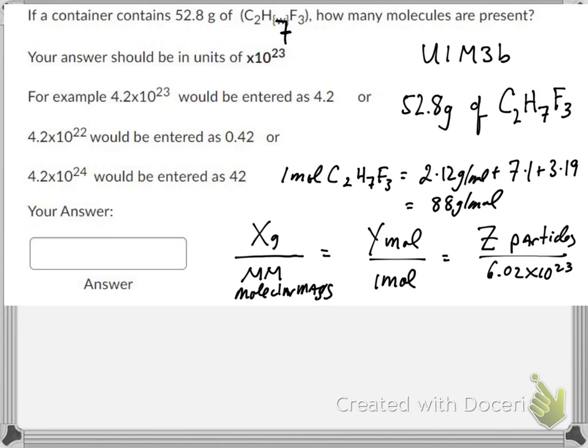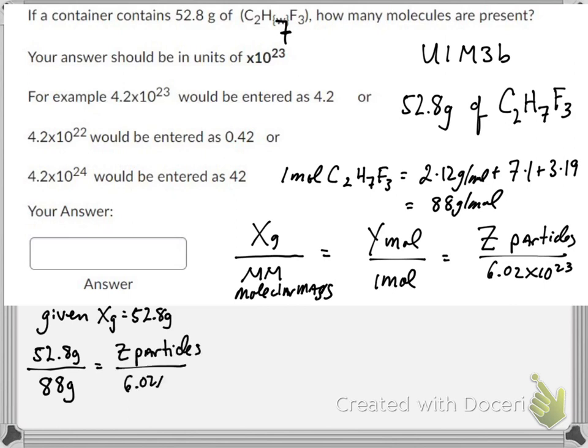So in this problem, we want to find Z number of particles, given X number of grams. Okay, so X grams is 52.8, and we put this in the formula. We put 88 grams in for the molecular mass. We want to solve for Z particles, and if we do that, we multiply both sides by 6.02 times 10 to the 23rd to get Z by itself.